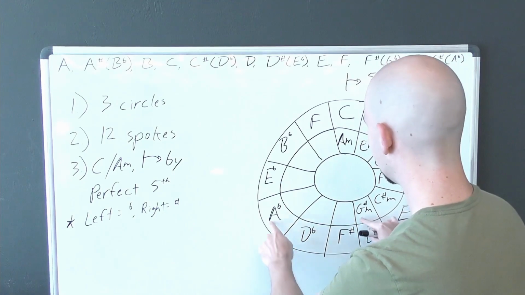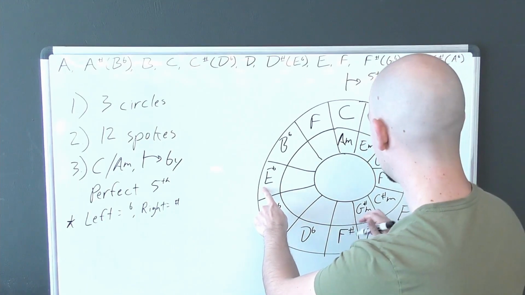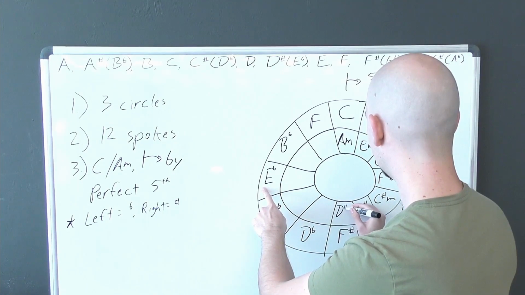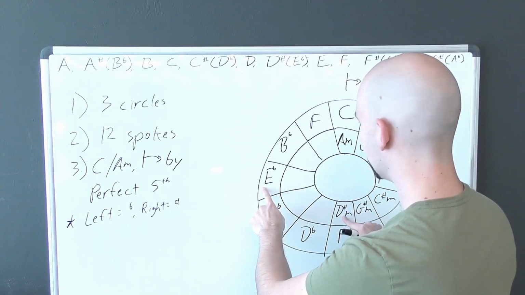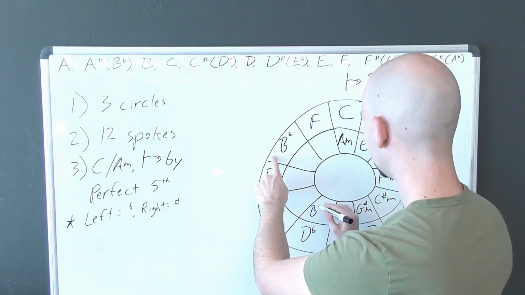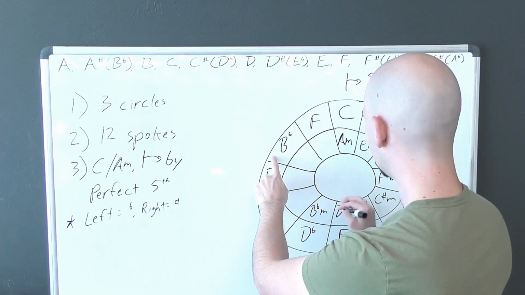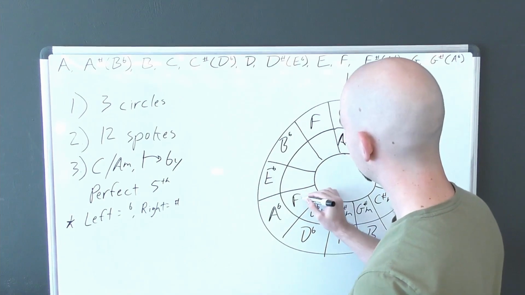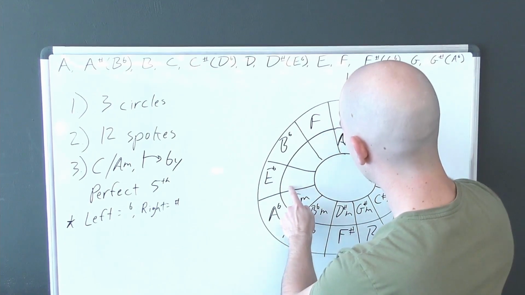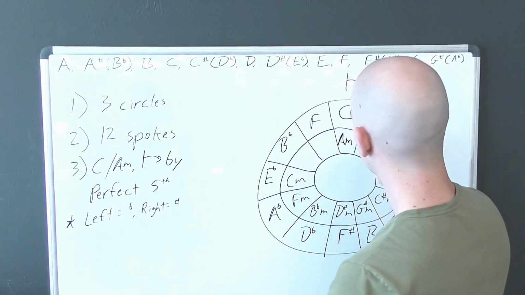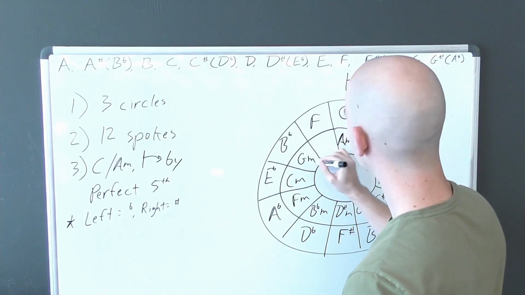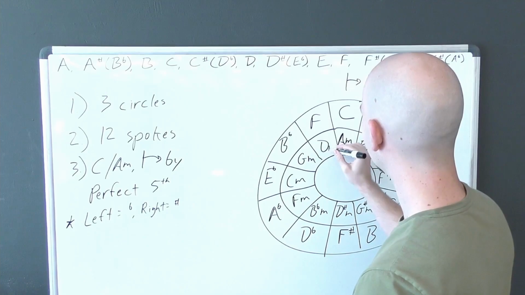Last time I have to do that, E flat, that's going to be D sharp minor. And now I just copy B flat minor, F minor, and C minor, G minor, and finally, D minor.